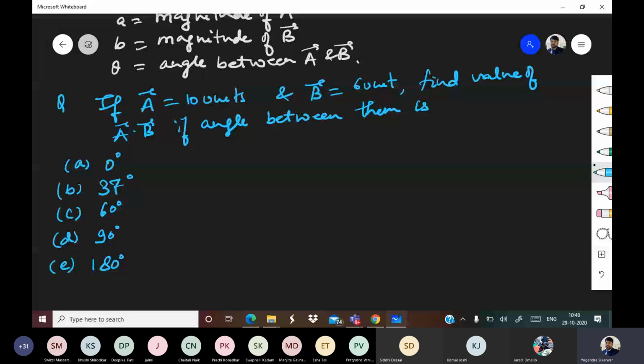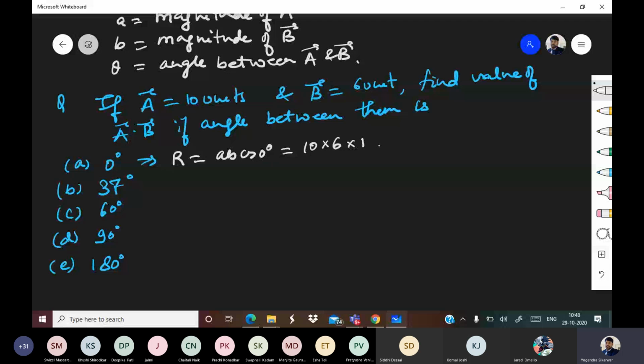Okay. So in the first case, the resultant after multiplication will be AB cos 0. A is 10, B is 6, cos 0 is 1, and that comes out to be 60 units.